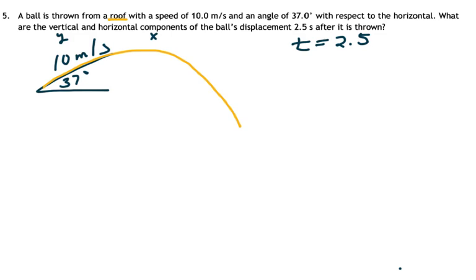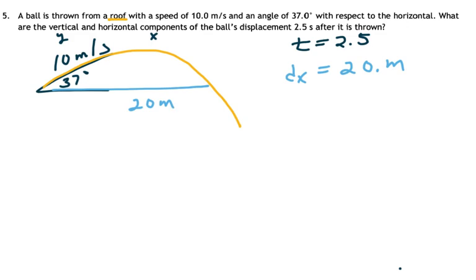The answers you end up getting are that your position in your x direction is equal to 20 meters. So this total distance is 20.